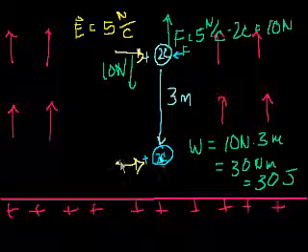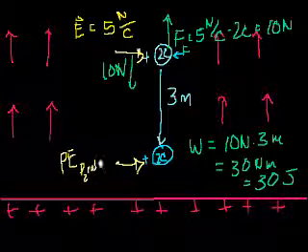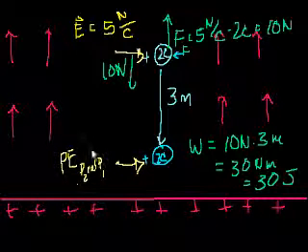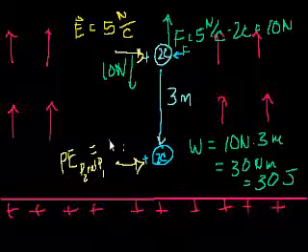So the electrical potential energy here relative to here, and you could say P2 relative to P1. I'm using my made-up notation, but that gives you a sense of it, is equal to 30 joules.